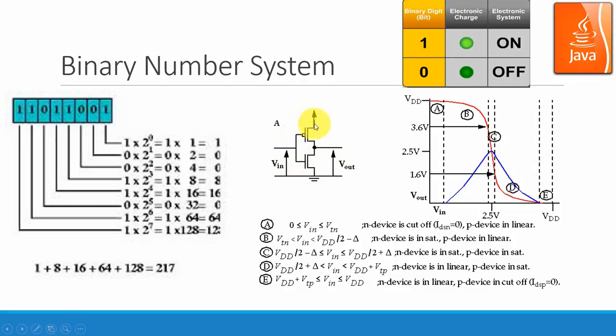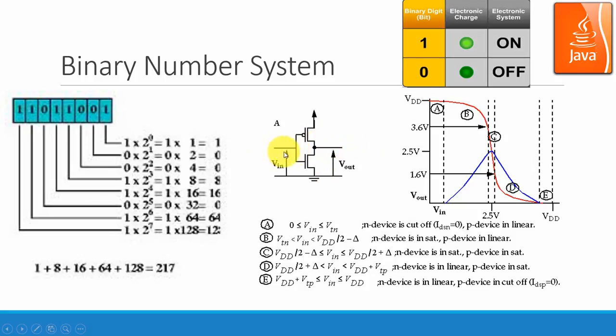Let's look at this device. This gate is an inverter gate. You put some voltage on the input node and you will get some data at the output node. If the input is high voltage, at VDD or close to VDD, you will turn on the NMOS gate and the PMOS gate will be turned off. In that case, the voltage at the output will be pulled to ground.